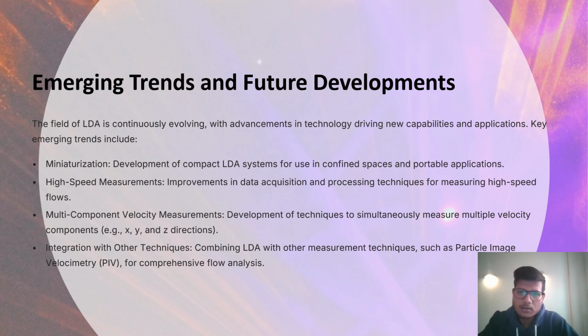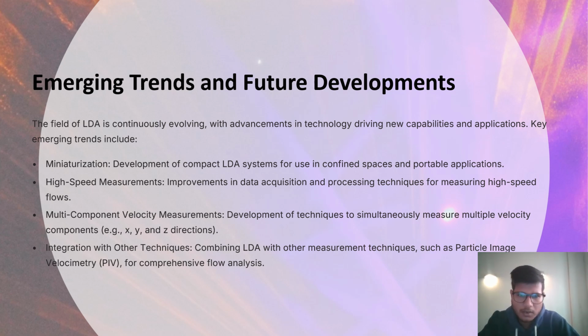And there is the development of techniques to simultaneously measure multiple velocity components, so instead of measuring in only one direction, it can measure the velocity in all directions, like x, y, and z.